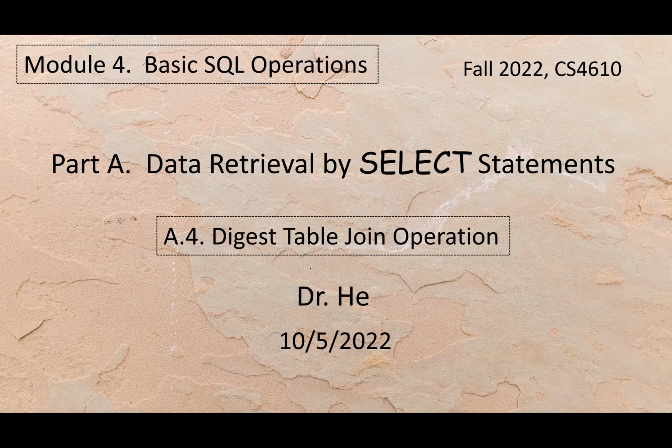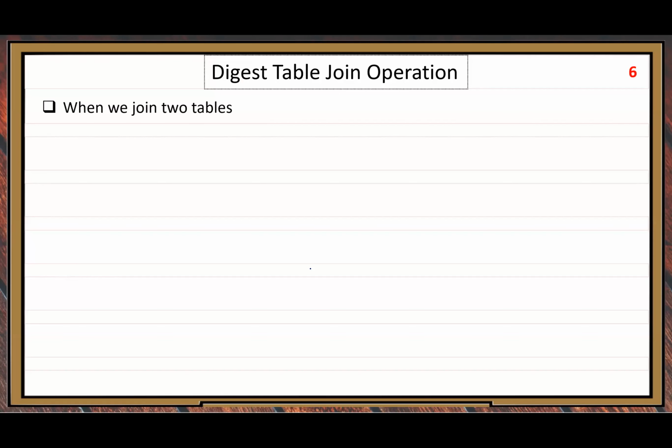8.4, digest table join operation. With that Cartesian product concept, now we can understand better. We need to digest this, because it is probably the hardest part of our SQL queries, so we really need to spend plenty of time on it.